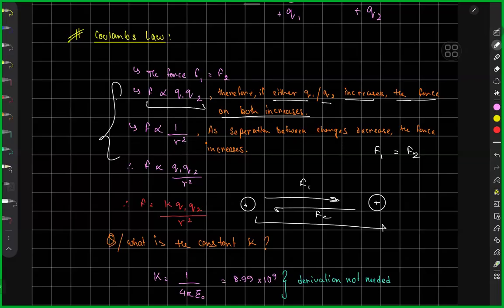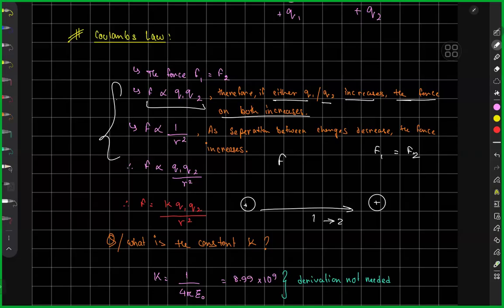A lot of words. So as my separation increases, my force decreases by a square proportion. Okay. So if my radius goes from 1 meter to 2 meters, my force will become 1/4.